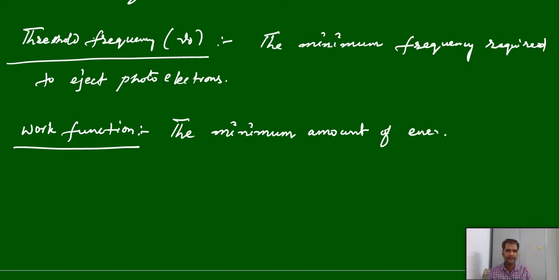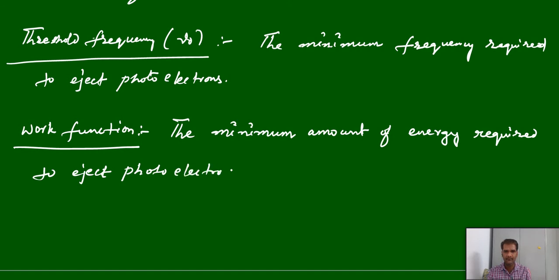Minimum amount of energy required to eject photoelectrons is called the work function.